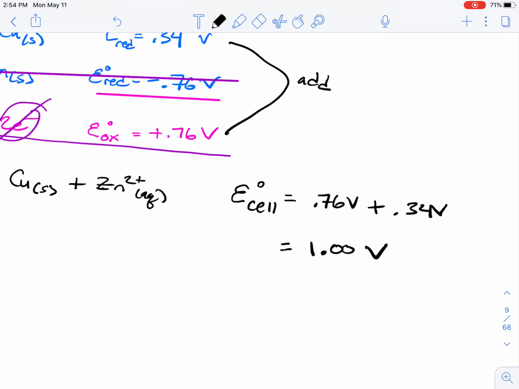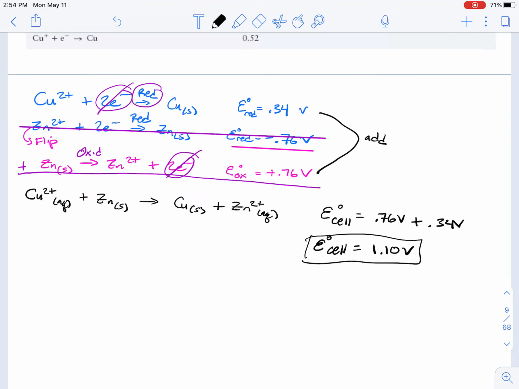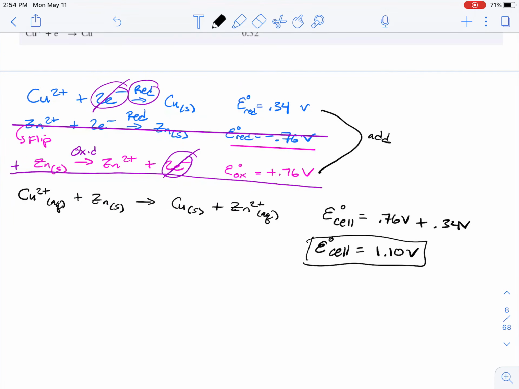Or I'm sorry, that's not 1.00 volts. Oops, what did I do? So here I have 1.10 volts. And so this would be the standard cell potential for this chemical reaction.